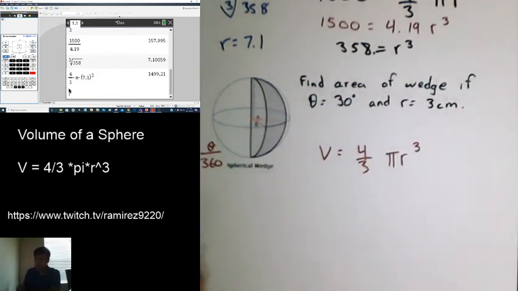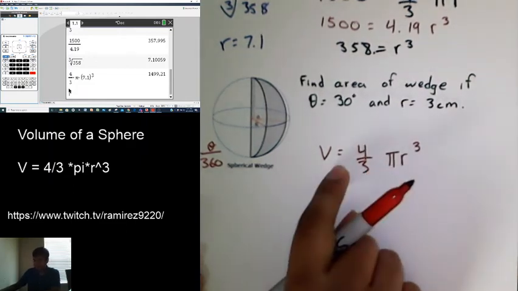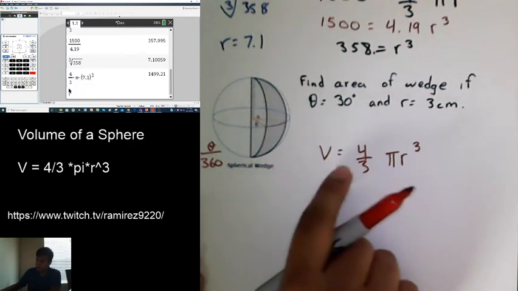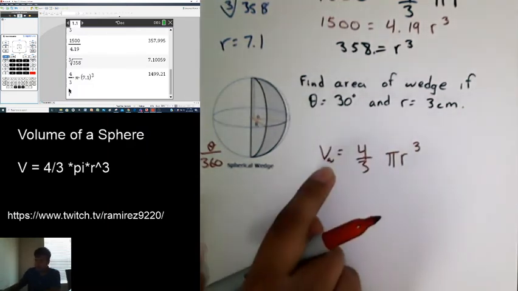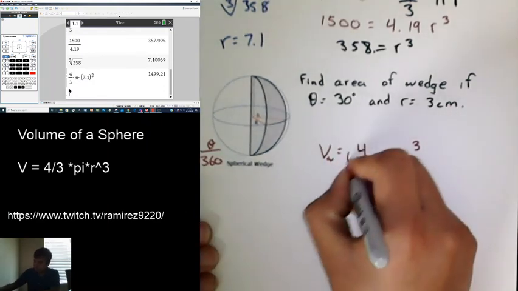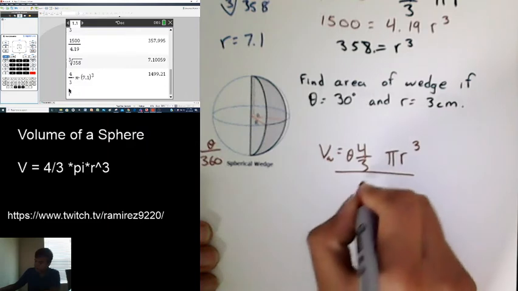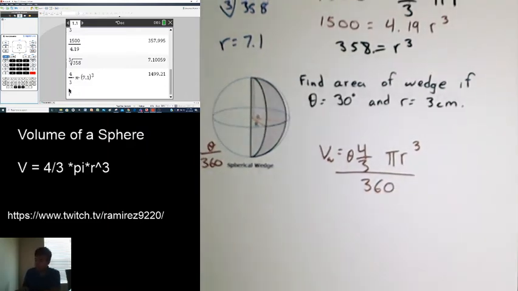That is all we need to introduce to our problem. It doesn't matter where you put theta, whether behind, in the middle, or in the front. I'm going to put a W for volume of wedge and put the theta in the front. In this specific problem, they want us to find the volume of this wedge if the angle is 30 and the radius is 3.